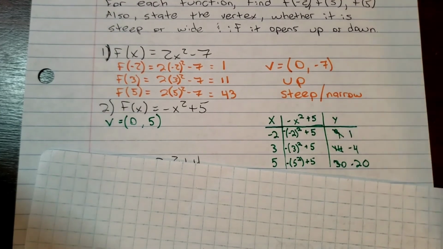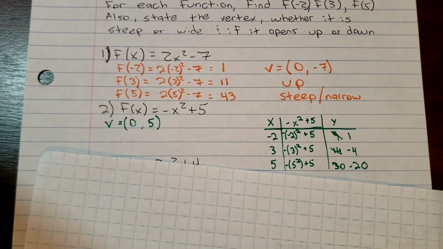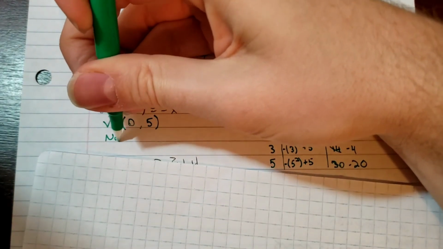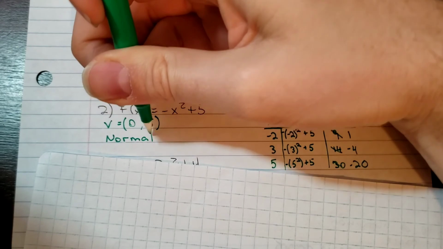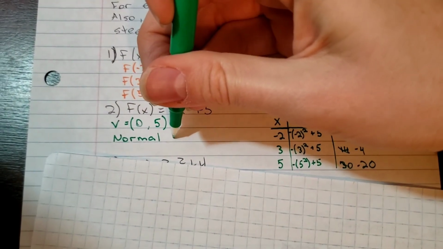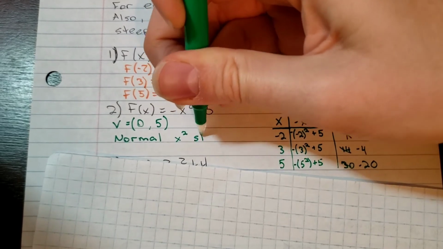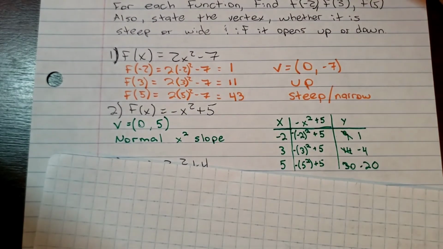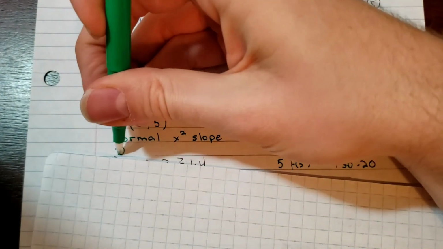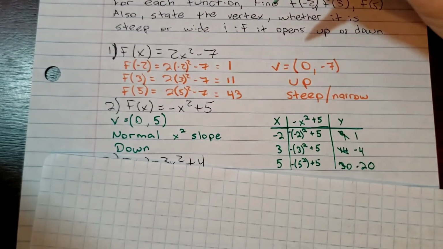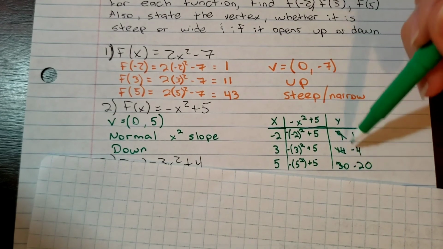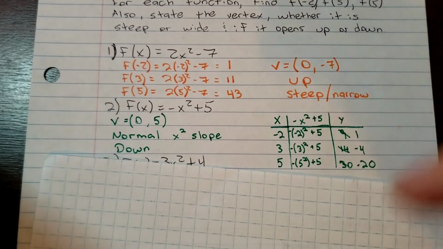It's normal, because my a is a normal parabolic slope. And if it opens up or down, it opens down because it's negative. See the difference that this negative sign can make? Make sure you watch it.